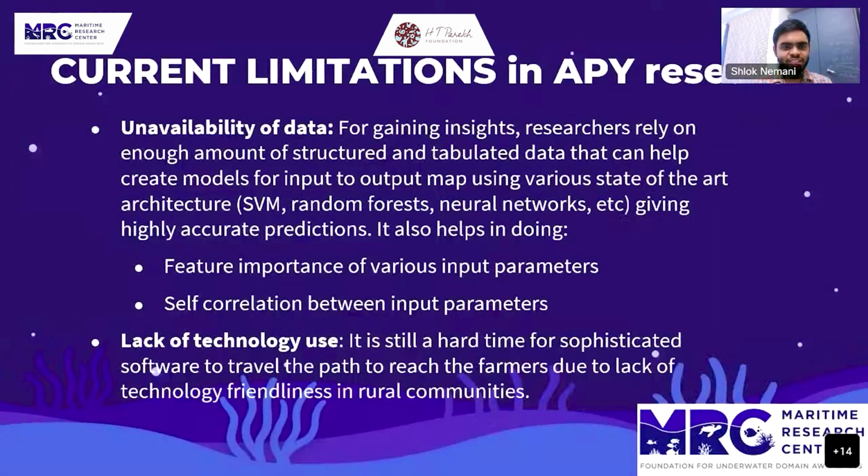So let's see what the current limitations are which we are facing in our research. There is a slight unavailability of structured data which can tell us what parameters were being maintained on a farm and what the yield from that farm was. Why is there no data? Because there is not much interest in this work.